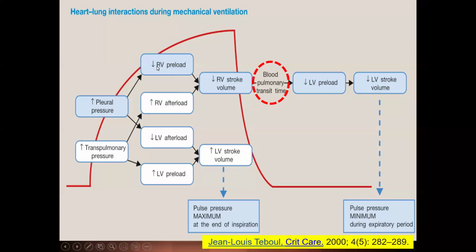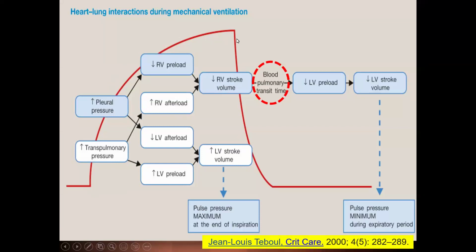So the RV preload decreases and at the same time the RV afterload increases, so the stroke volume from the RV decreases. This is during inspiration, the red curve here. At the end of inspiration, the RV stroke volume is decreased.